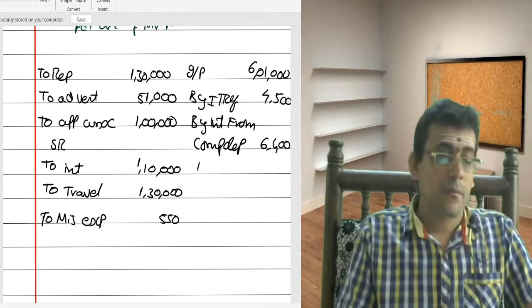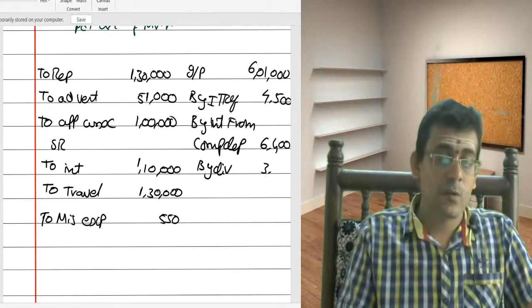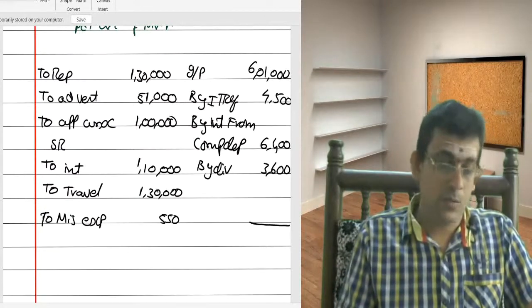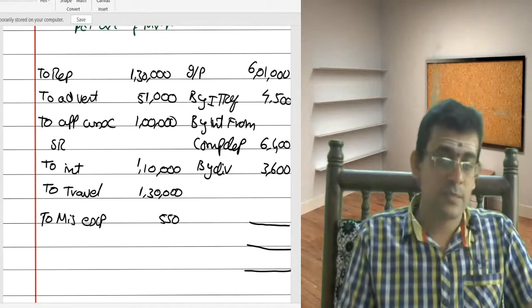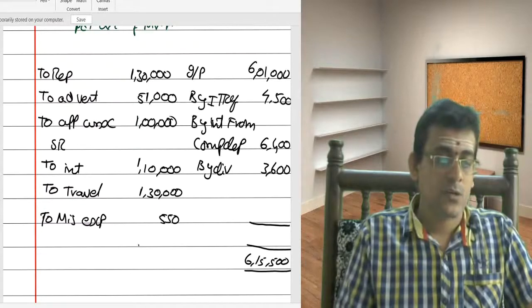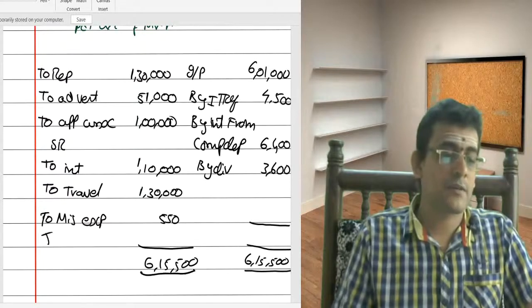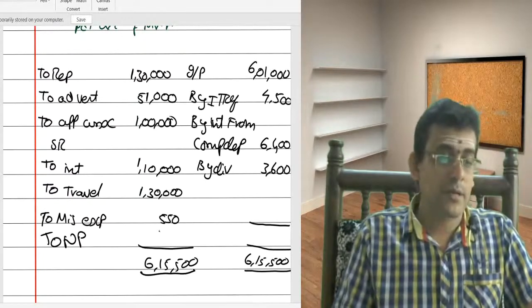Then by dividend, let us consider the dividend amount to be 3,600. So the total of the P&L account is 6 lakhs 15,500. Now the balancing figure is your net profit, let us consider it to be 93,500.